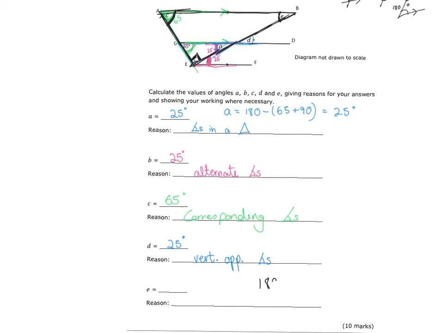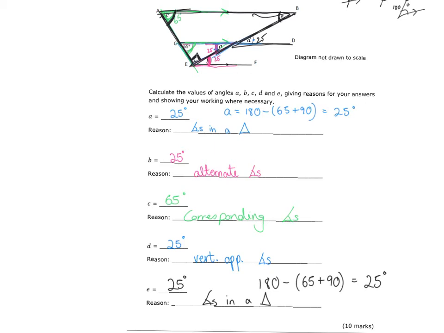So 180 minus 65 and 90 degrees. We can use alternate angles as well. There you have a Z as well with D. So they're both equal as well. So all reasons make sense. They are correct, okay? Angles in a triangle. So even alternate angles was correct.